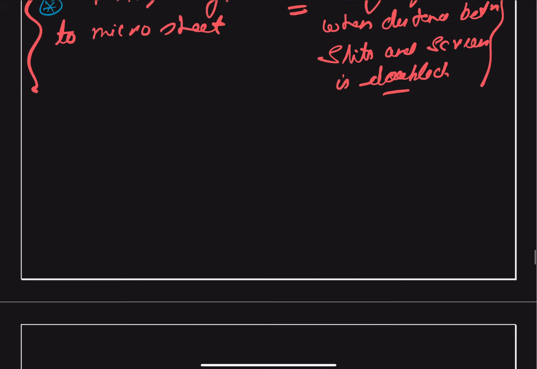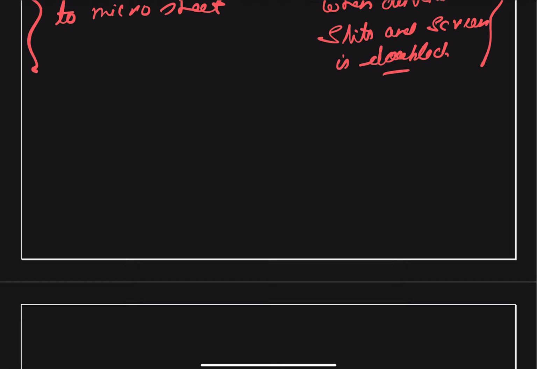So first of all, let us solve it for the fringe shift, that is S, by the introduction of the mica sheet. You can see that the fringe shift, that is our S, due to the mica sheet.